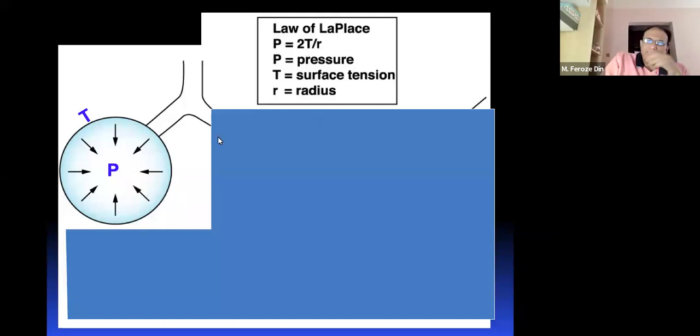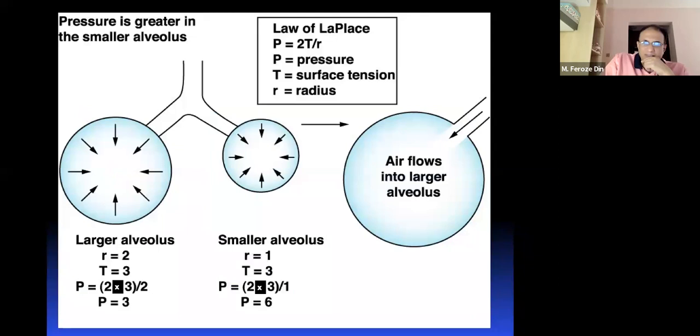The key to remember here is that the pressure created within any alveolus is dependent on the surface tension, but it's also dependent on the radius R. The smaller the radius, the higher the pressure. Suppose you have another, smaller alveolus here. The pressure here would be higher than in a larger alveolus.